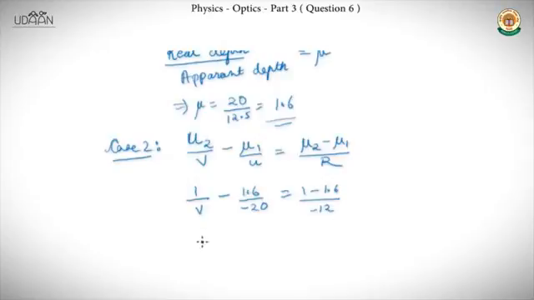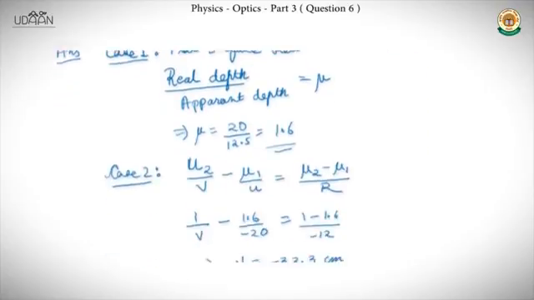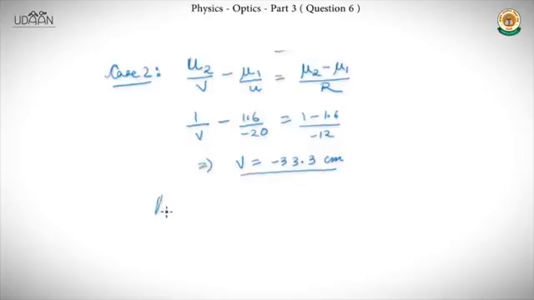So from this we get the image distance v equal to minus 33.3 centimeters. As v is negative, we can say that the apparent depth is 33.3 centimeters from the curved surface.